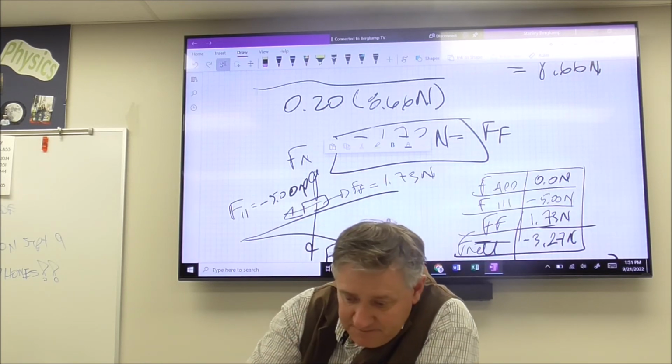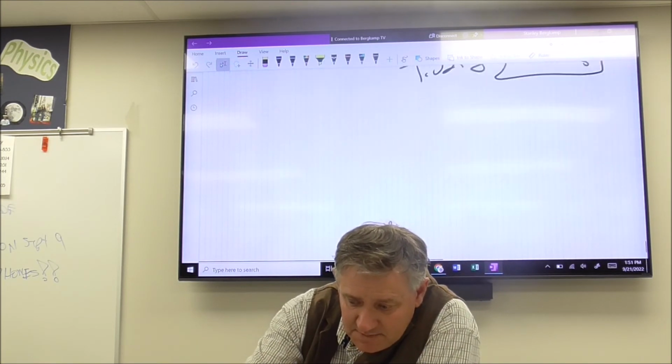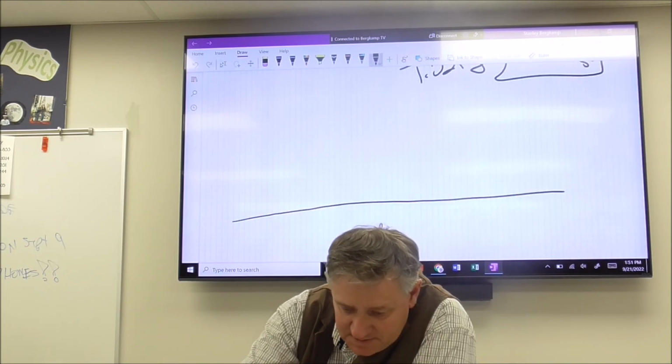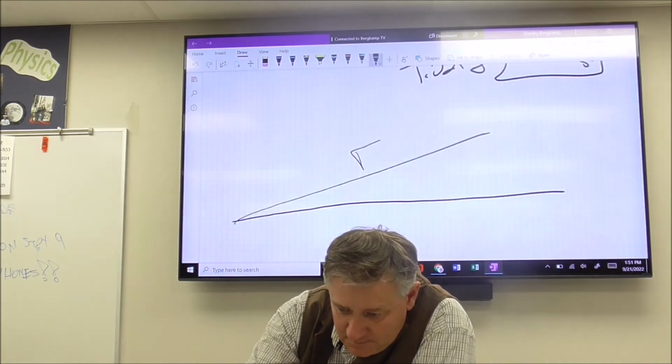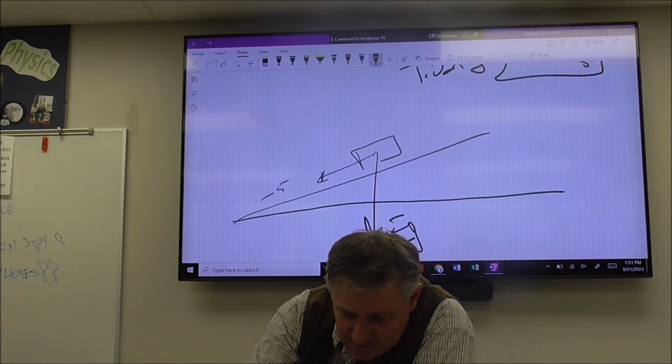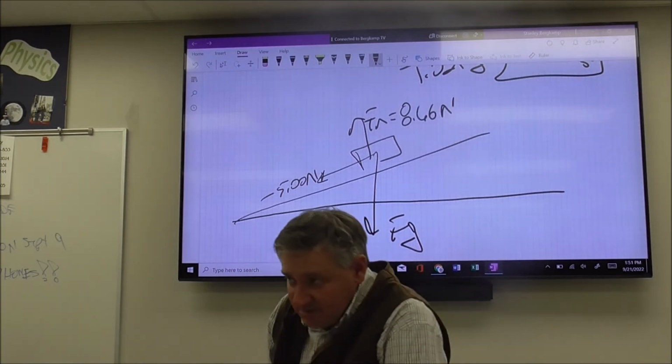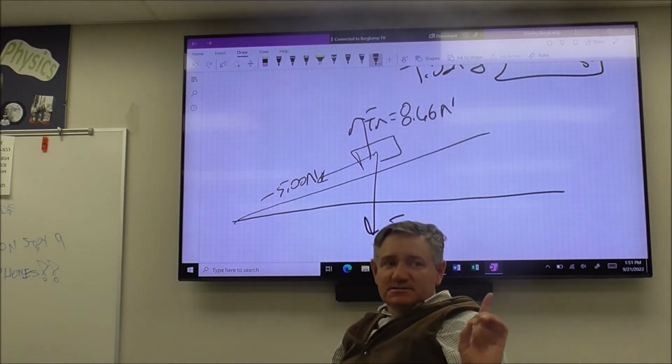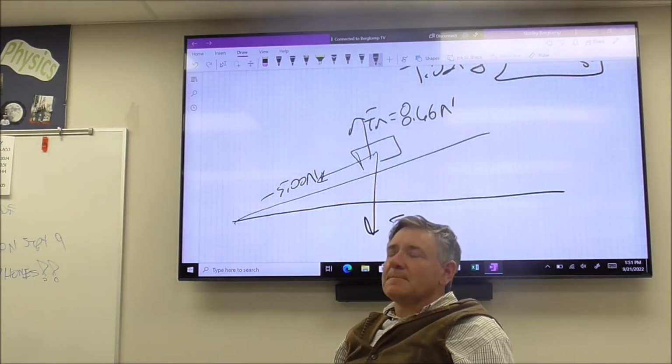But here's going to be the kicker. So I want to draw this pretty big. So I still want my gravity. My force parallel is still -5 newtons. My force normal is still 8.66 newtons.